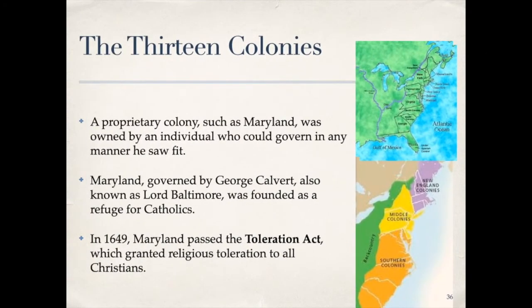A proprietary colony, such as Maryland, was owned by an individual who could govern in any manner he saw fit. Maryland, governed by George Calvert, also known as Lord Baltimore, was founded as a refuge for Catholics. In 1649, Maryland passed the Toleration Act, which granted religious toleration to all Christians.